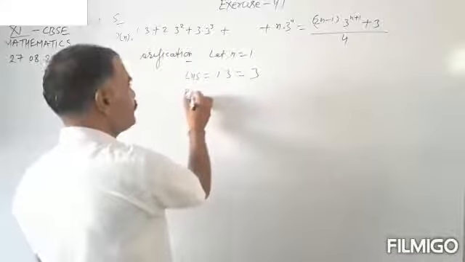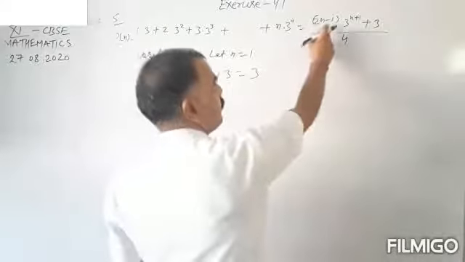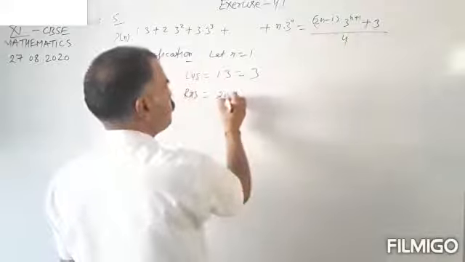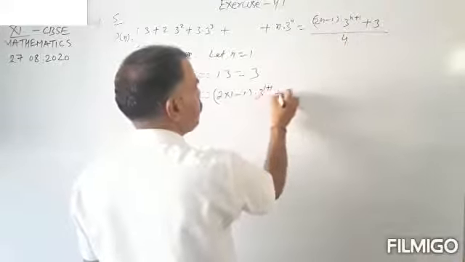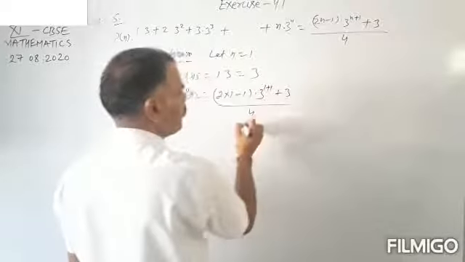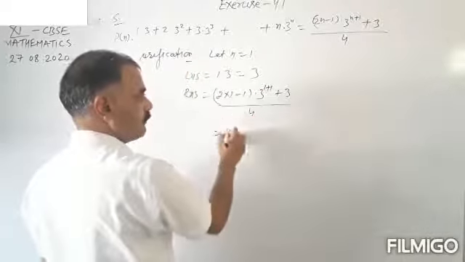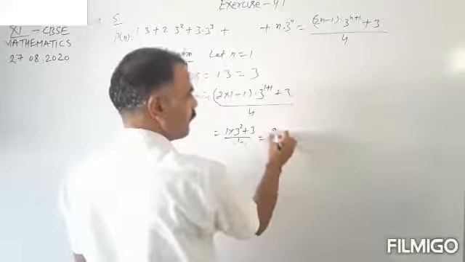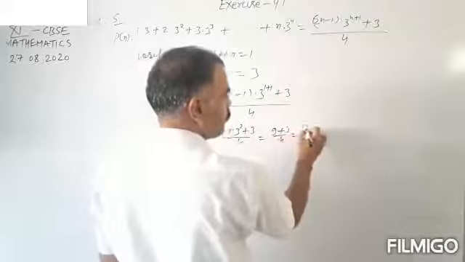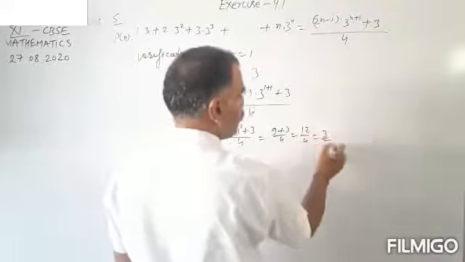And right hand side is, put n equals to 1 in right hand side. So (2 into 1 minus 1) multiplied by 3 to the power 1 plus 1, plus 3 upon 4. So 2 minus 1 is 1, into 3 to the power 2, plus 3 upon 4, that is 9 plus 3 upon 4 equals to 12 upon 4 equals to 3.